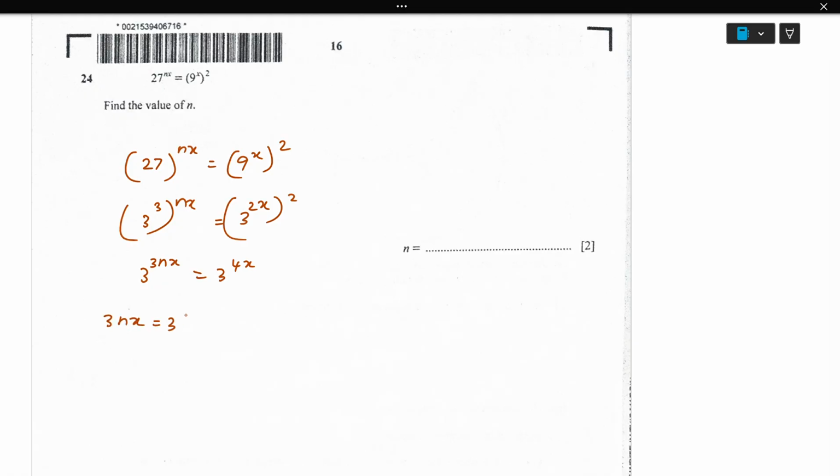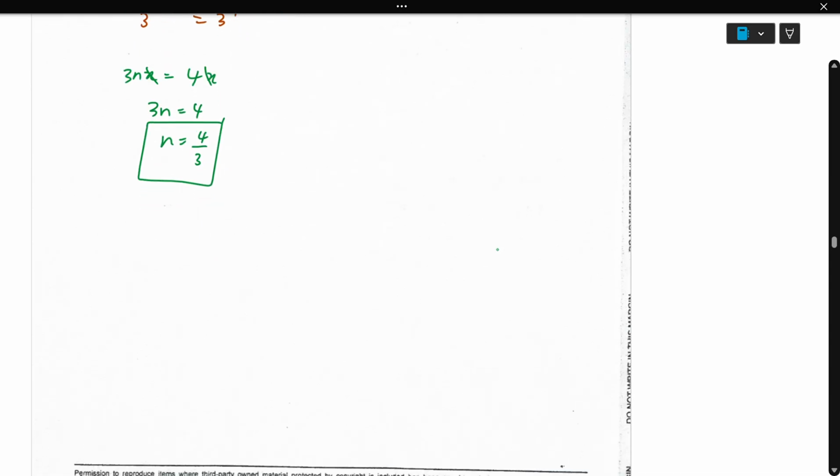So here x gets rid of, so 3n equal to 4, n equal to 4 over 3. That's the final answer, n equal to 4 over 3.